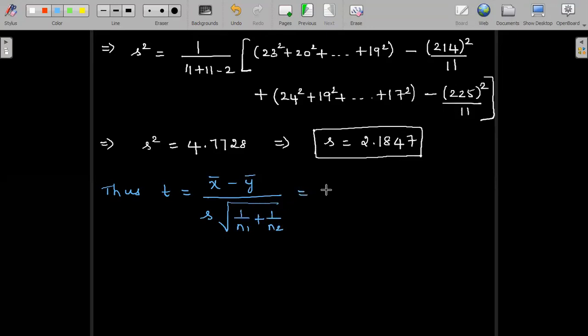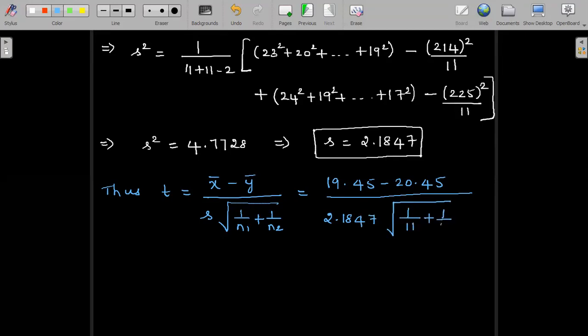And that gives us X bar is 19.45 minus Y bar is 20.45. We get a negative value, so we can take modulus of t. 2.1847 is the value of S into square root of 1 by N1 plus 1 by N2.